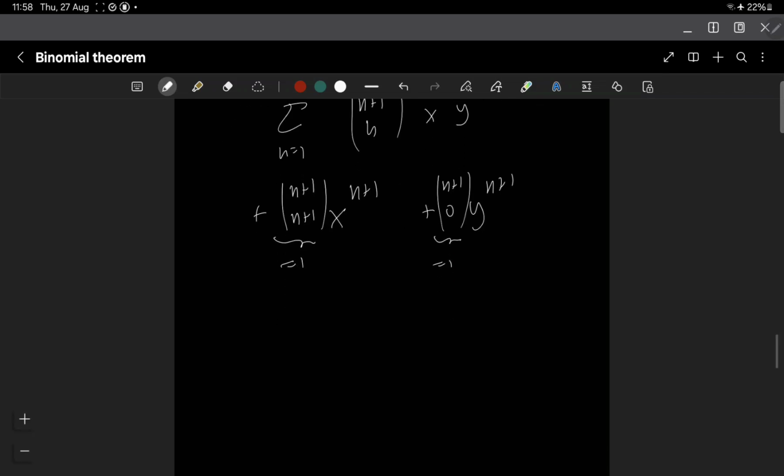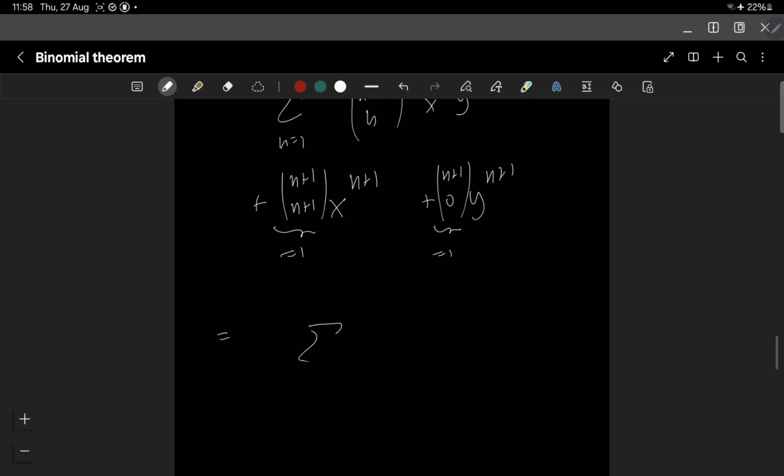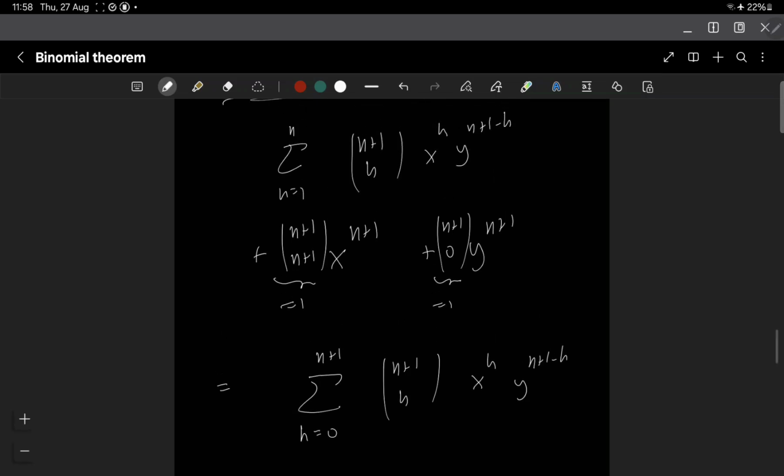And now I'm almost done because this is just equal to the sum as k goes from 0 to n plus 1, n plus 1 upon k, x to the k, y to the n plus 1 minus k. Because this term over here is just the same thing here for when k is substituted 0, and this term is also this term when k is equal to n plus 1. So I can integrate them into this sum and write it in this form.